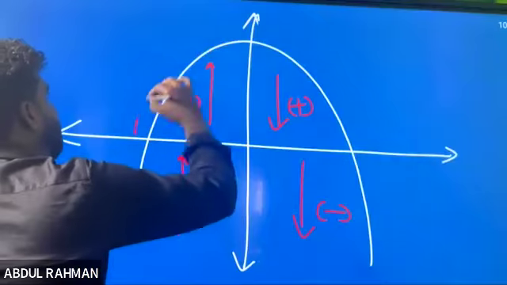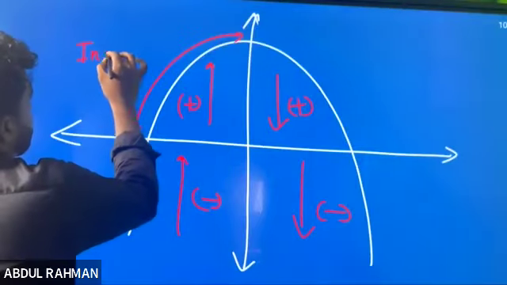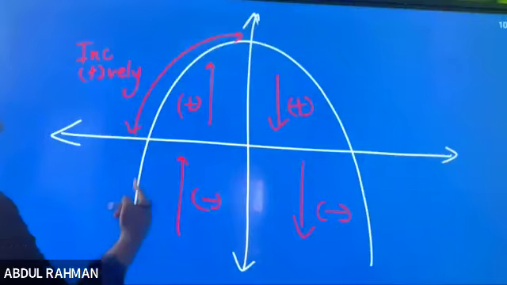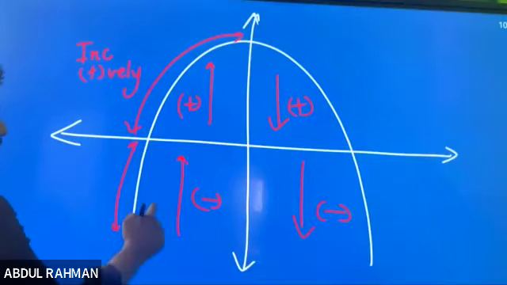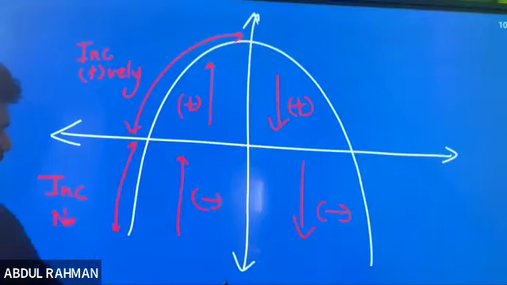How can I define this region of the graph? Increasing positively. How can I define this portion of the graph? Increasing negatively.